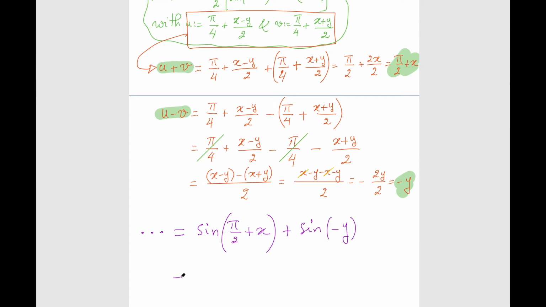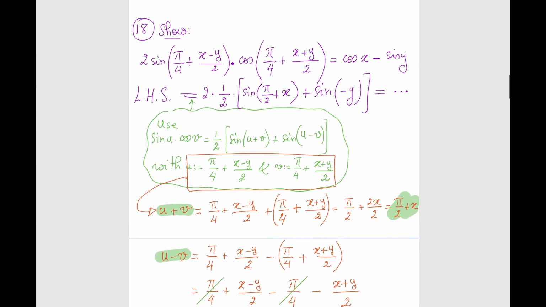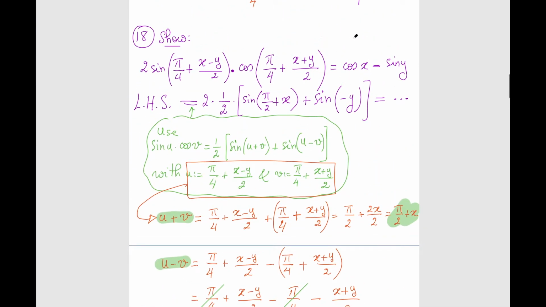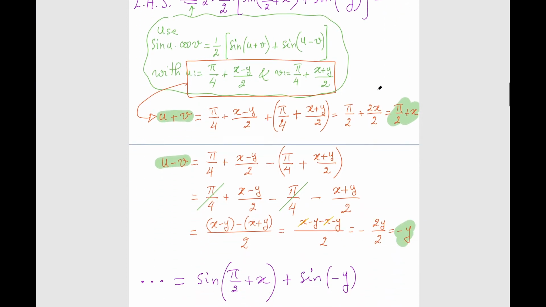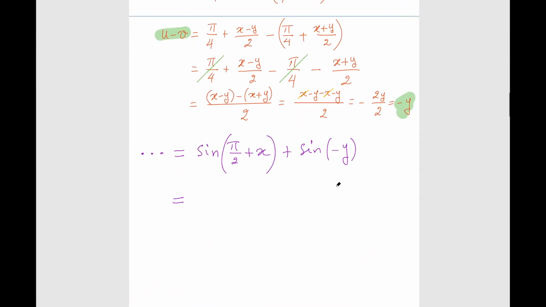All right. Keep an eye on what you want. What we want is cosine x minus sine of y. We need cosine x minus sine of y. Well, sine of pi over 2 plus x, either you use that cosine is a cofunction of sine, or you can use the addition formula for sine. Sine of s plus t is sine of s cosine of t plus cosine of s sine of t. Correct? You can use that.